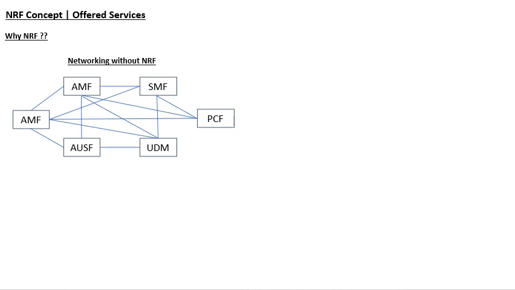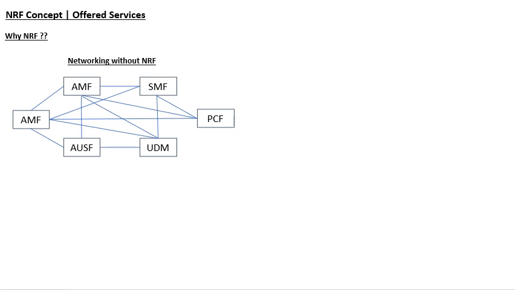If AMF wants to talk to SMF without NRF, then AMF has to make static entries into its database. That configuration needs to be done locally in the AMF. Similarly, if any new SMF comes into the picture, AMF again has to configure the new SMF into its local database.